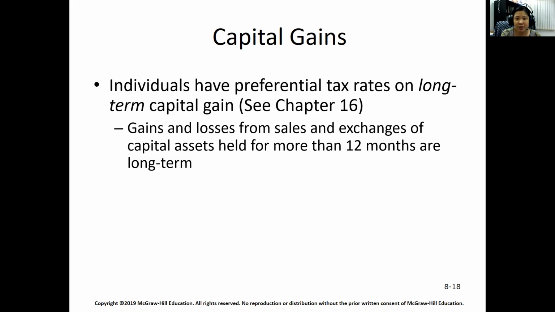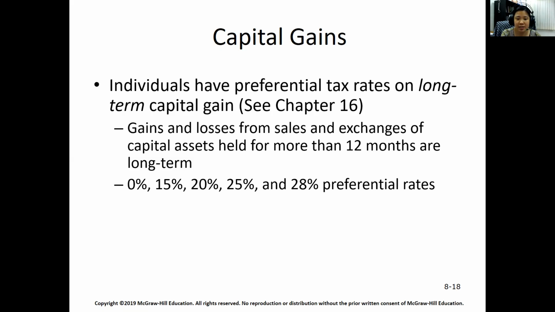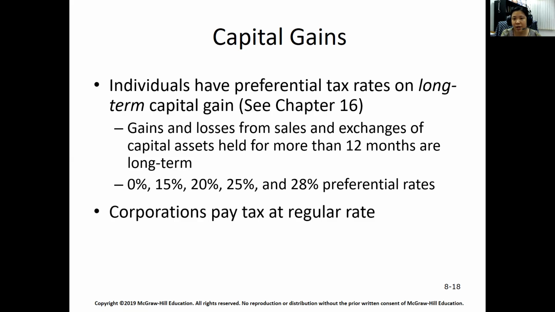There will be special tax rates, or preferential tax rates, on the long-term capital gain, and they are given in the tax table. They are 0%, 15%, 20%, 25%, or 28%. If you open your tax table, there is a table for long-term capital gain or qualified dividends, at the same rate. And what about the corporation?